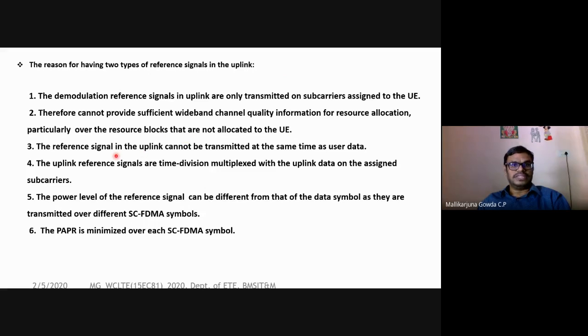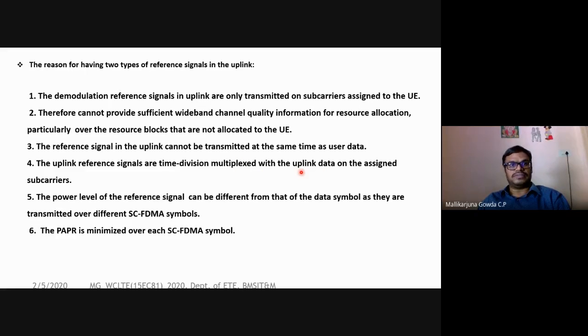The reference signal in the uplink cannot be transmitted at the same time as user data. But in the case of downlink, it is possible. In the uplink, the reference signals are time division multiplexed with the uplink data on the assigned subcarrier.